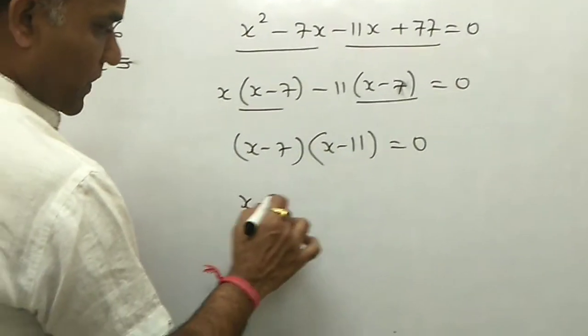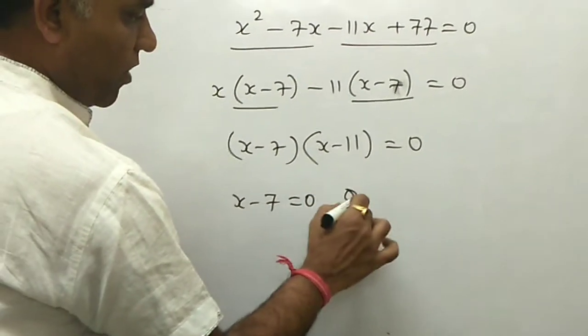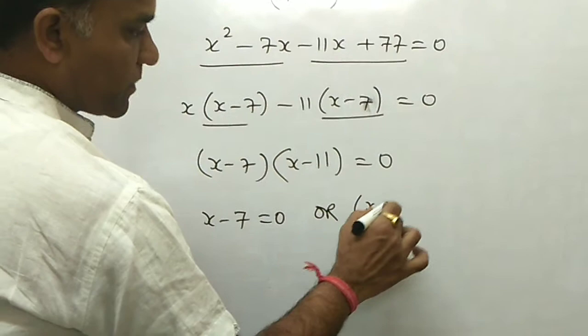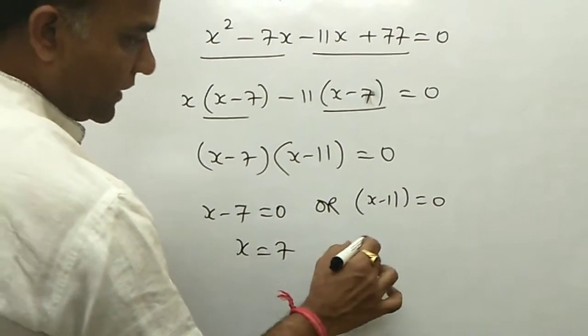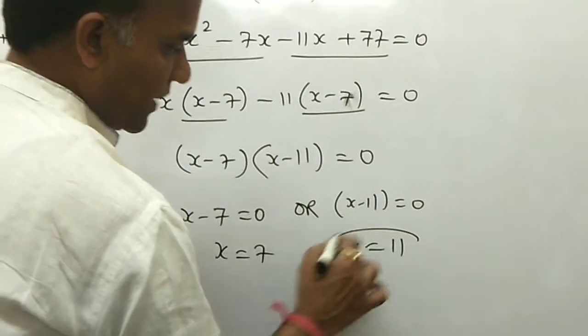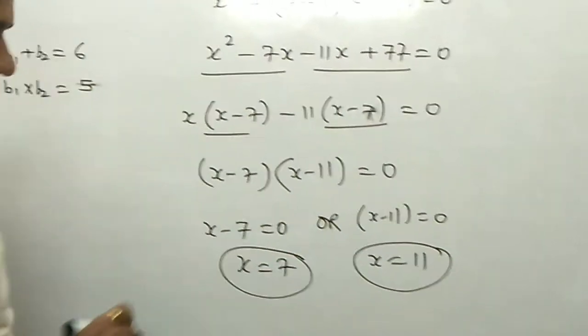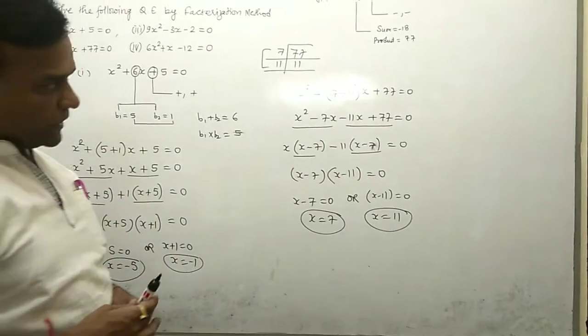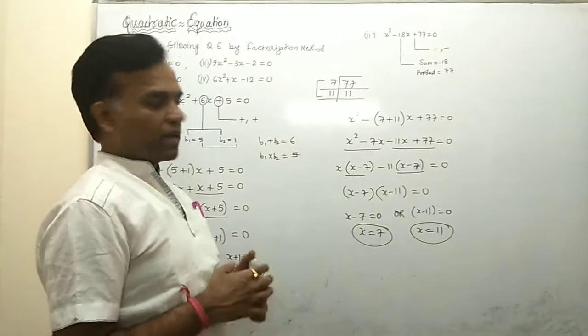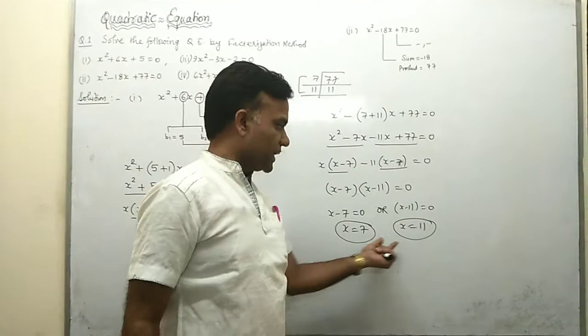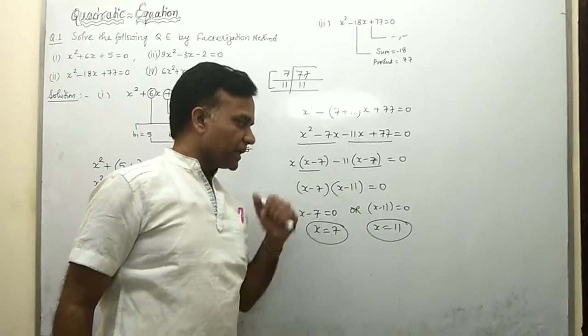So x minus 7 equal to 0 or x minus 11 equal to 0. So you have x equal to 7 or x equal to 11. Before splitting you have the negative terms inside, because the middle term you split, but finally you get both answers in plus, x equal to 7 and x equal to 11.